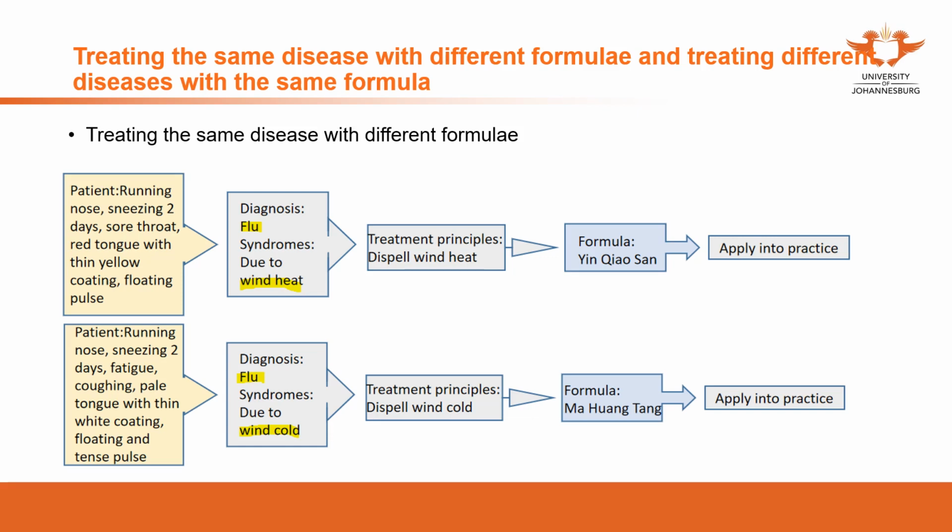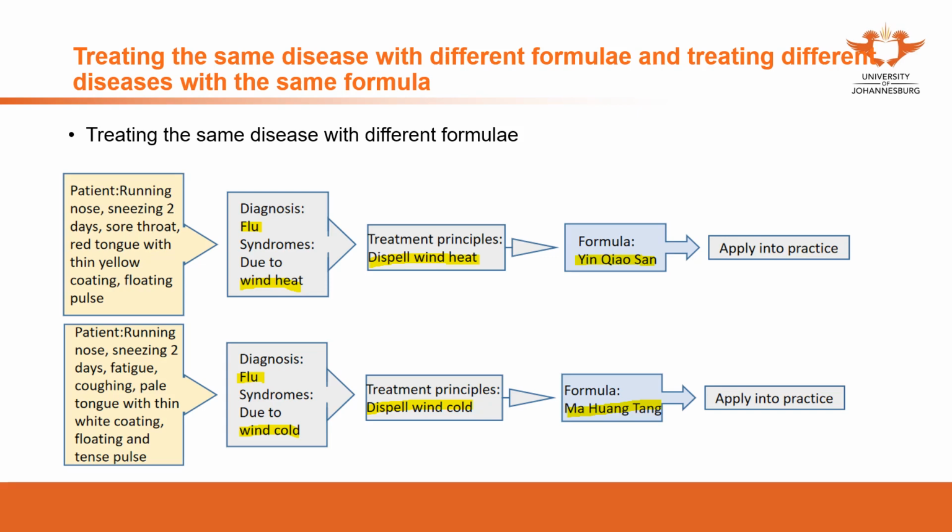Because of different symptoms, we use different treatment principles. For the lady, we use the principle to dispel wind heat. For the gentleman, we use the treatment principle to dispel wind cold. So according to the principles, we choose different formulae. For the lady we choose Yin Chao San. For the gentleman we choose Ma Huang Tang. Both of them can recover.